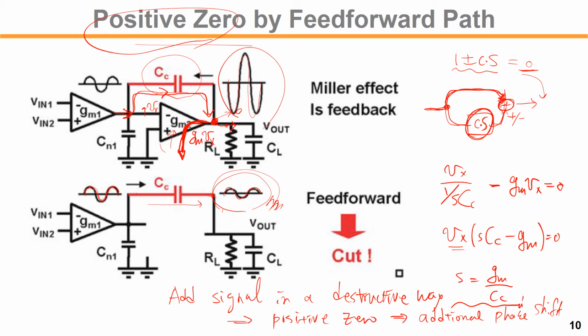So that causes the PM to go down, right? It looks like an additional pole at that frequency in the phase response. The additional phase shifts down, right?